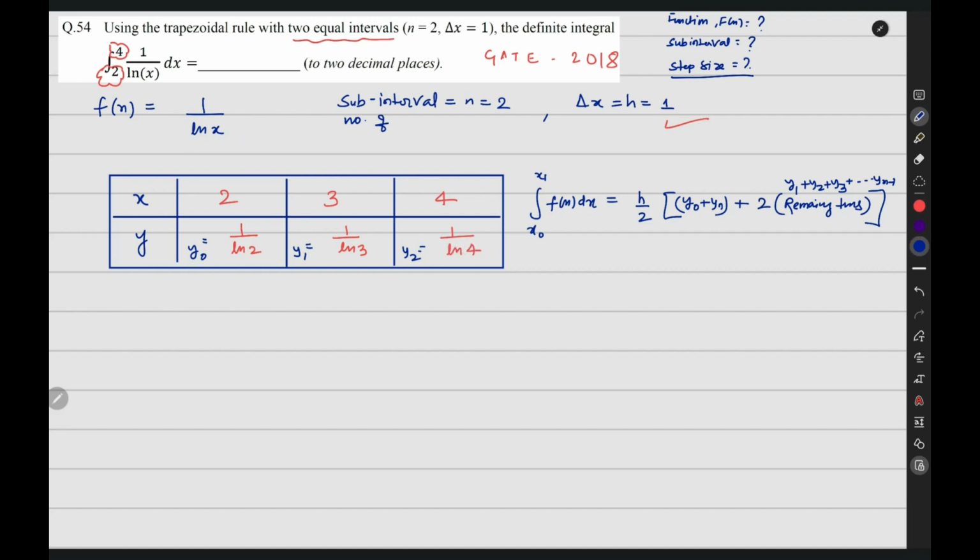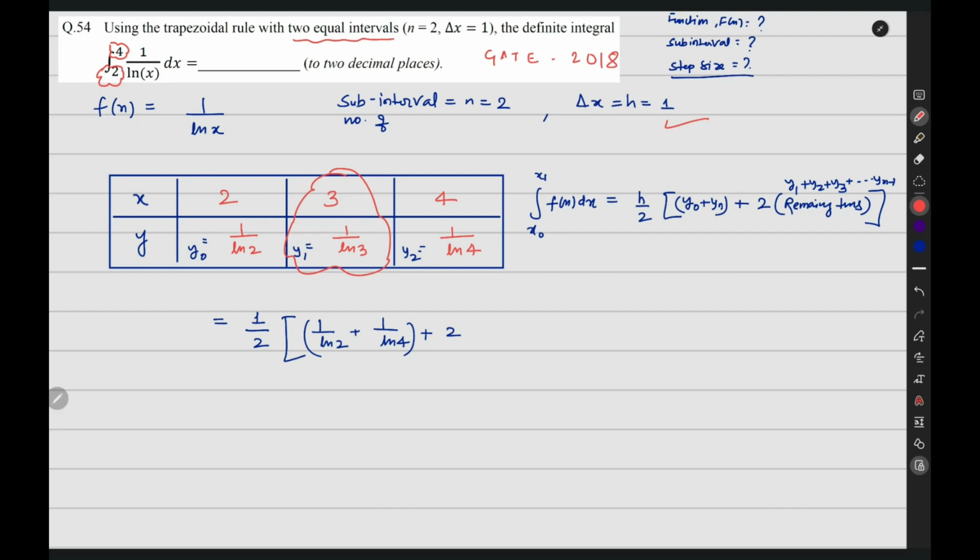Now we will substitute the values. The step size h is given as 1, so 1 upon 2 into y0, that is 1 by ln 2, plus the last term, that is 1 by ln 4, plus 2 into remaining terms. Like the previous cases where we did not have any remaining or middle terms, but now in this case we have the middle term, this one.